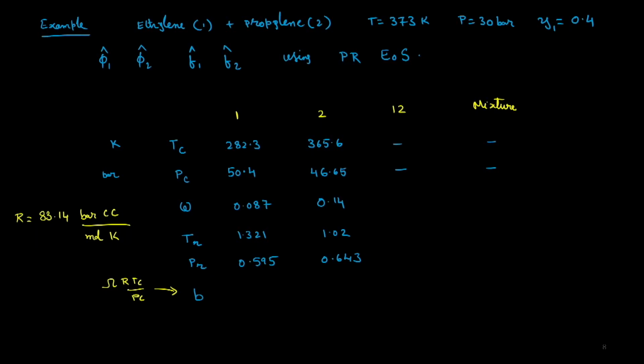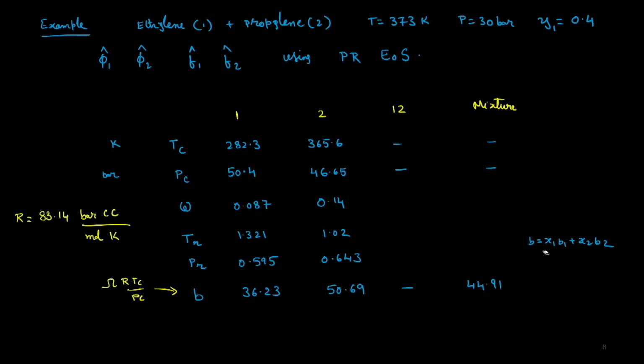When I do that, the value of B I will get is 36.23 for 1, 50.69 for 2. For the mixture, I will use the combining rule x1 b1 plus x2 b2, right? So this value here is going to be 44.91.